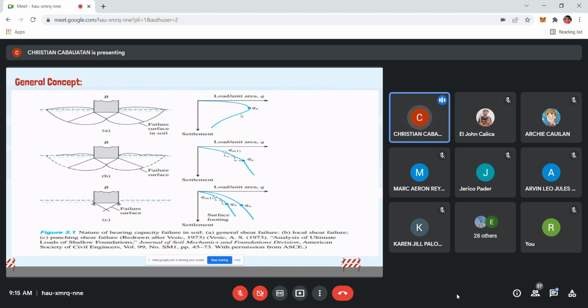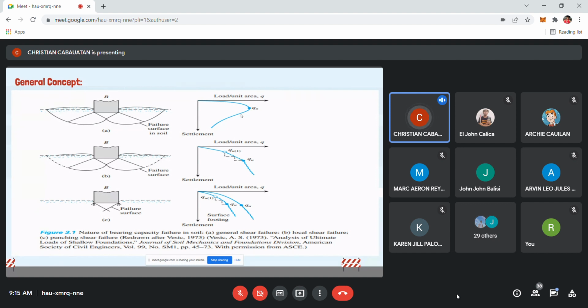Okay? So, when the load per unit area on the foundation equals to the movement of the foundation will be accompanied by sudden jerks. Okay? So, considerable movement of the foundation is then required for the failure surface in soil to extend to the ground surface.